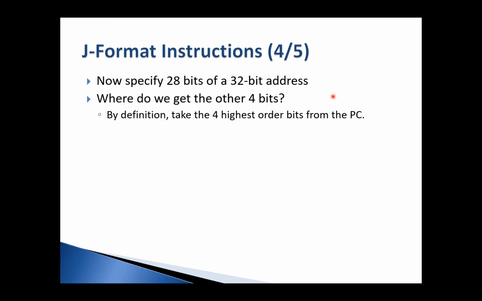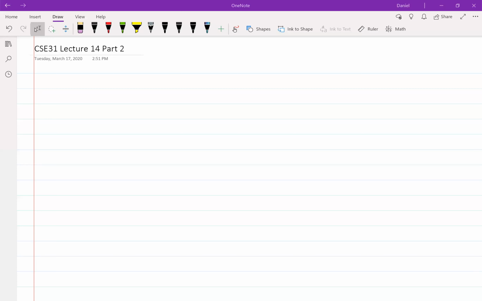We assume that the address that we jump to will have the same leading 4 bits as our current PC. So what does that mean? Let me go back to my notes. I'm going to share my OneNote notes online too, so that you can also take a look at this note instead of using the whiteboard function from the video.